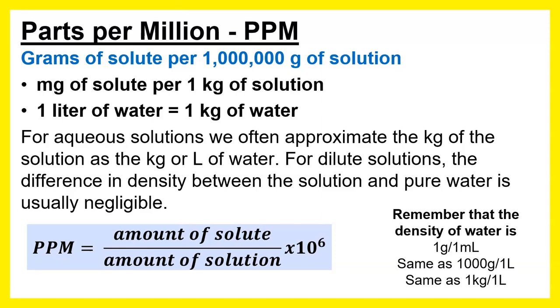You can either do 10 to the 6 or just count out your zeros, right? 1, 0, 0, 0, 0, 0, 0. Just make sure in your calculator you count carefully. So you're not going to often see this type of a calculation unless it's something that has a very, very low concentration, like pollution, for example.